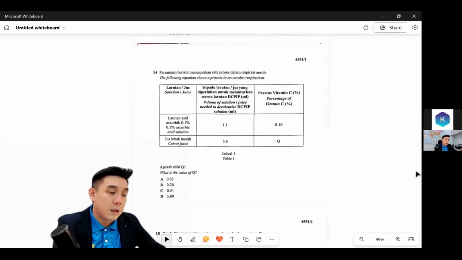For 14, this is the calculation of vitamin C. It's basically just a comparison.